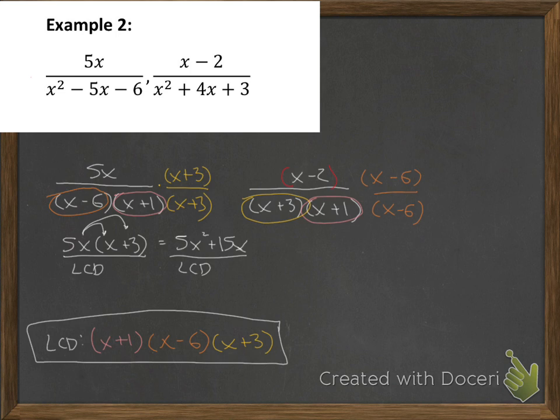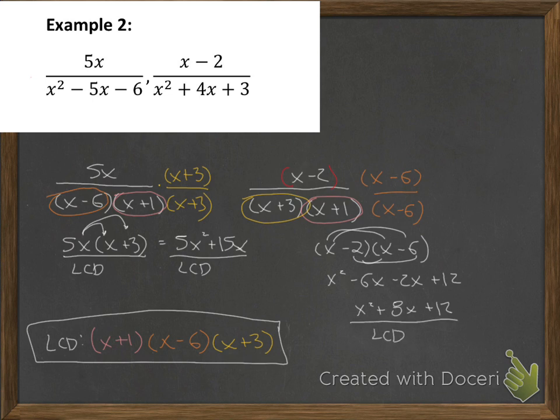Likewise, over here, we need to FOIL x minus 2 times x minus 6. Using FOIL, it's x squared, first, outer, minus 6x, inner, minus 2x, last, plus 12. So we get x squared plus 8x plus 12, again, all over our LCD.